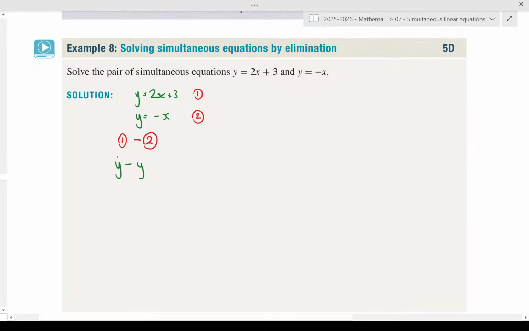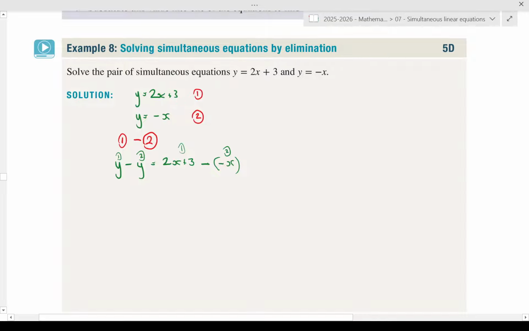That's equation 1 there, and that's equation 2 there. I'm subtracting them. And then 2x plus 3 minus x, because that's equation 2. On both sides, the left-hand side and the right-hand side, I'm doing elimination. I am doing equation 1 minus equation 2.